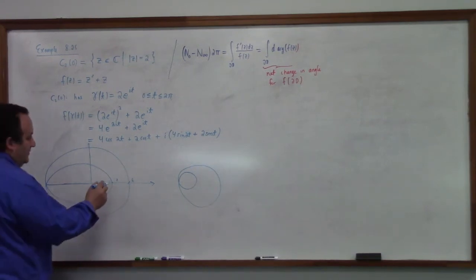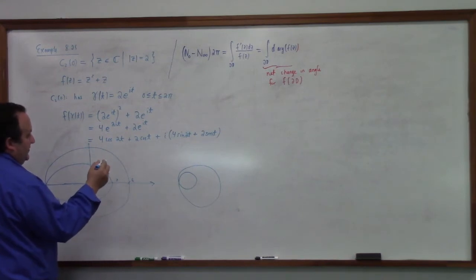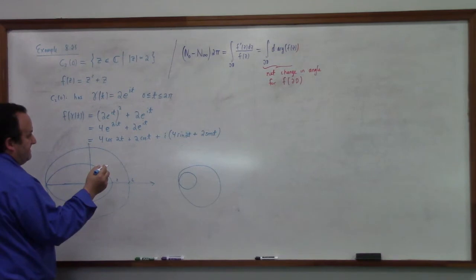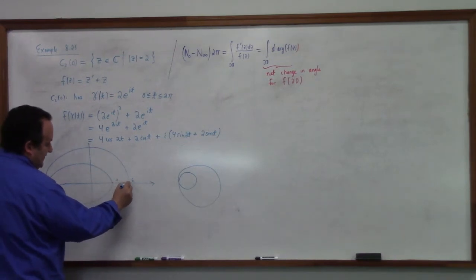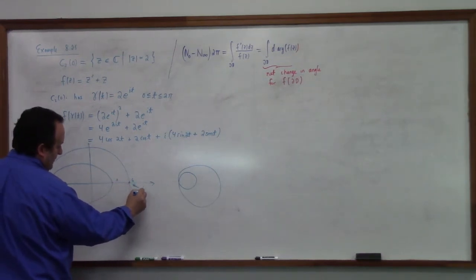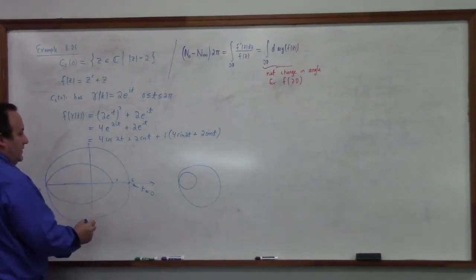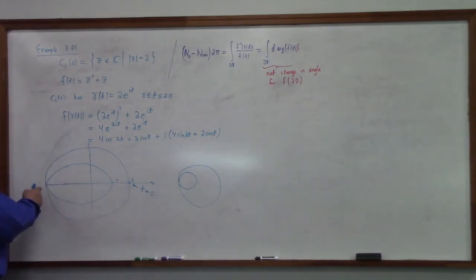So when you put t equals 0, where are you? You're at 6, right? This is t equals 0. And then to get over to -4, that I believe is t equals maybe pi over 2?